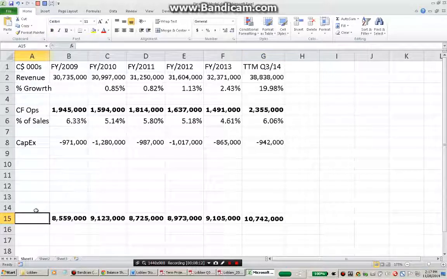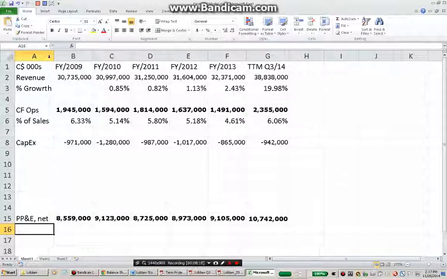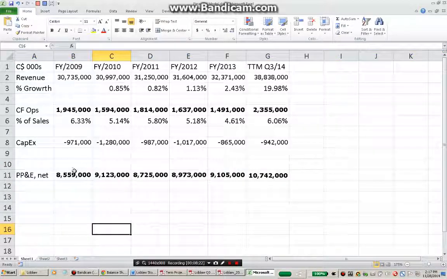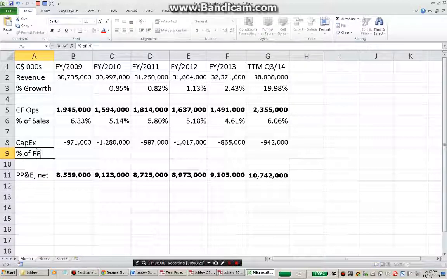So this is property, plant, and equipment net. Net of depreciation. Say CapEx as a percentage of PP&E equals this divided by PP&E.